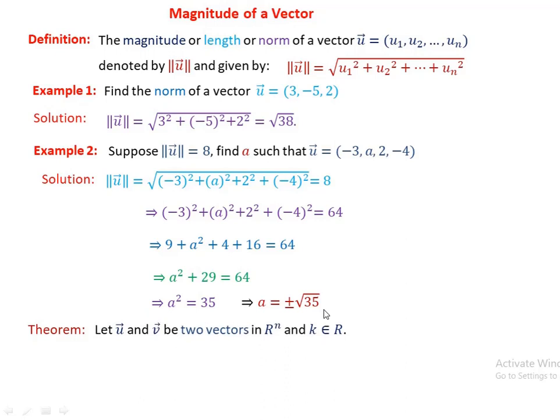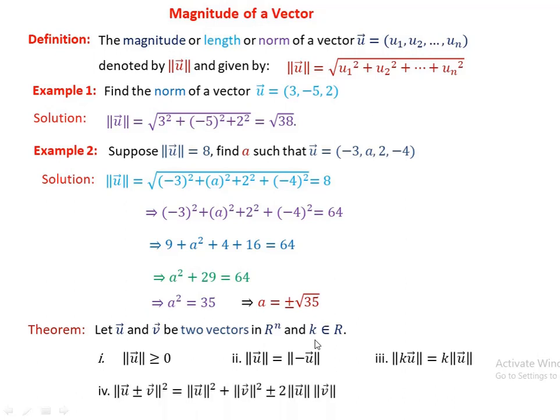The theorem gives properties of the magnitude, norm or length of vectors. Let u and v be two vectors in R^n, and k a scalar. Then the following hold: the norm of u is always greater than or equal to 0; the norm of u and the norm of -u are equal; the norm of k times u equals k times the norm of u.